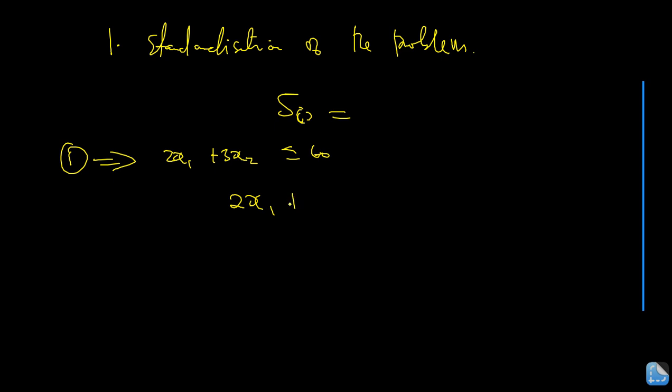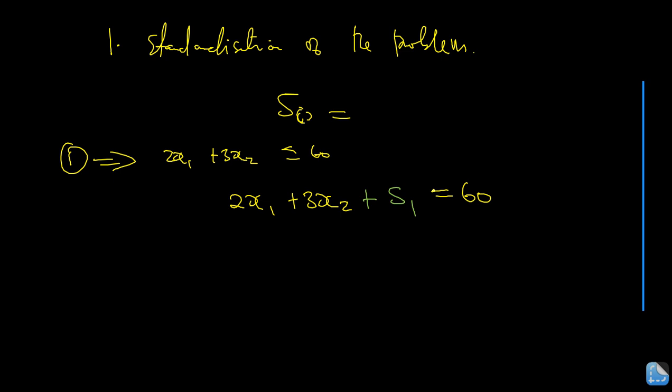So that now we get 2x1 plus 3x2, and then plus s1, is equal to 60. This is the first thing you're going to do.